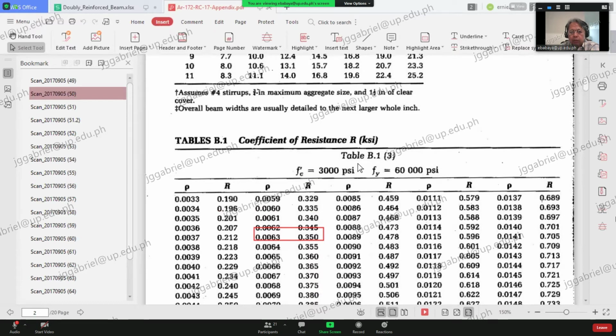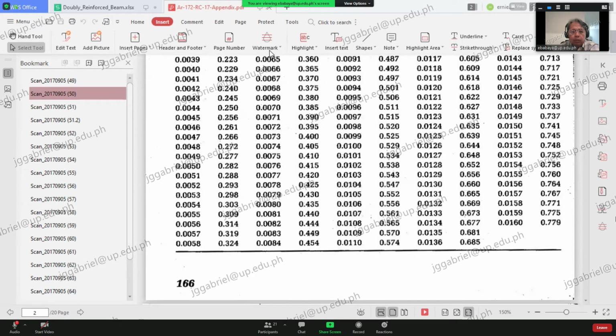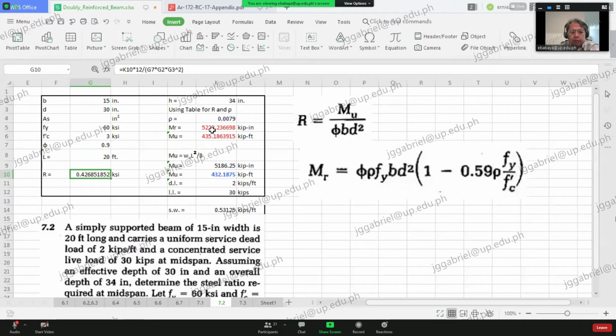First one, you have to consider this. It should be the same as in our problem. F prime C is 3,000 PSI. Your Fy is 60,000 PSI. So we got 0.0079. We choose that.